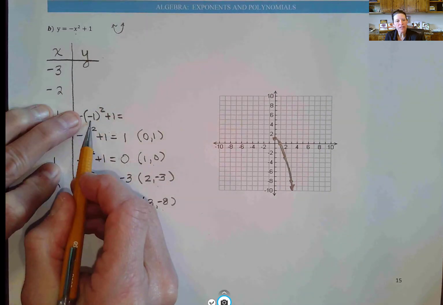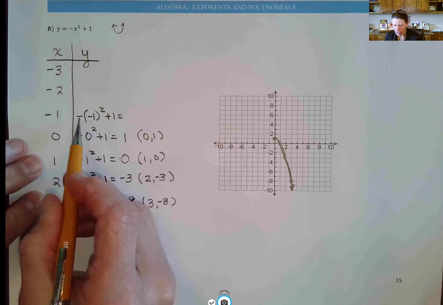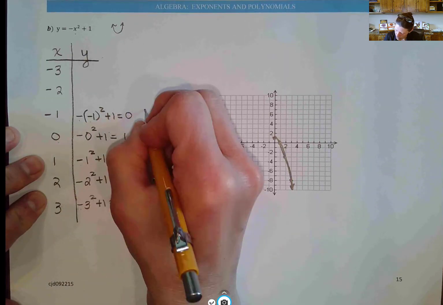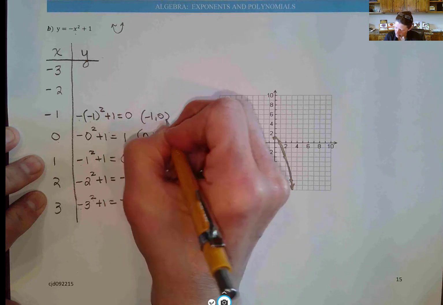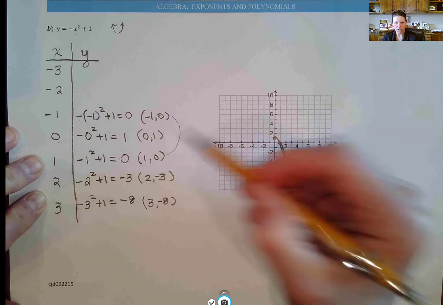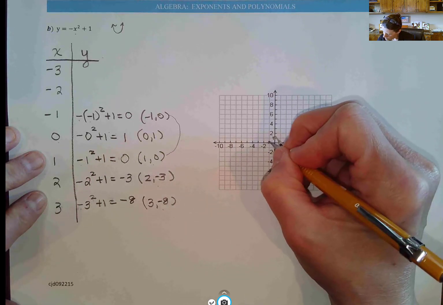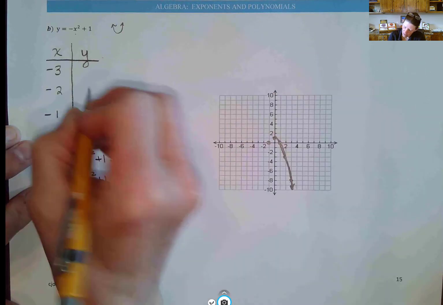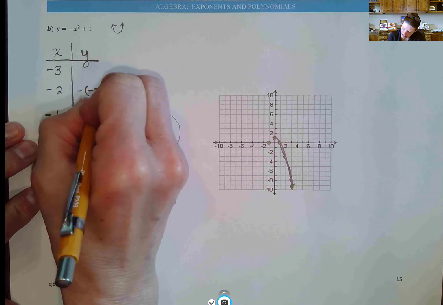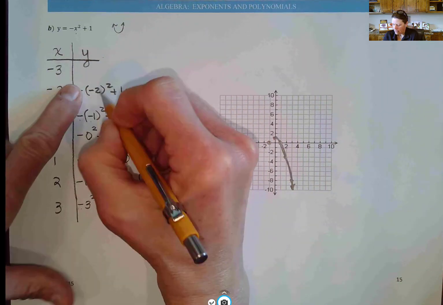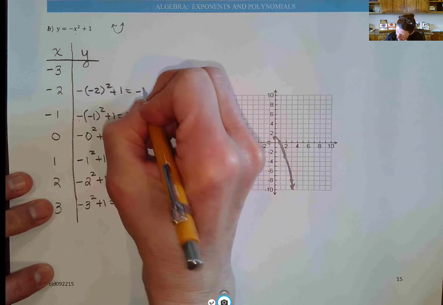Negative 1 squared is 1. Change the sign to negative 1. Plus 1 is 0. Negative 1, 0. And that sort of matches the point we found below, doesn't it? Negative 1, 0. The opposite of negative 2 squared plus 1. Okay, that's the opposite of 4 plus 1, or negative 3.